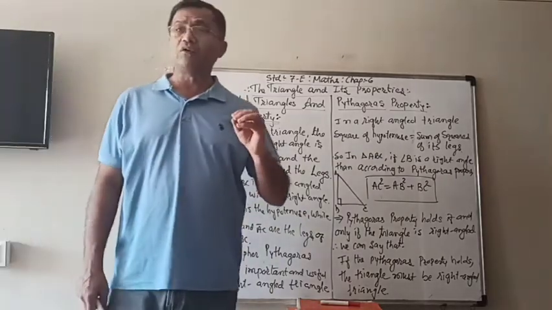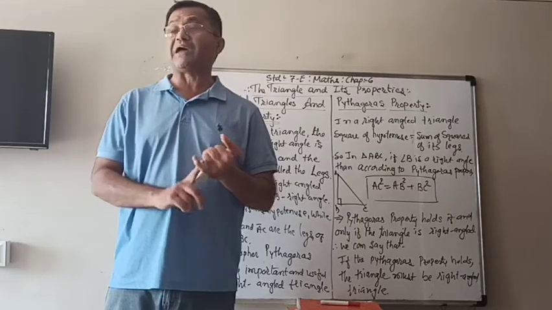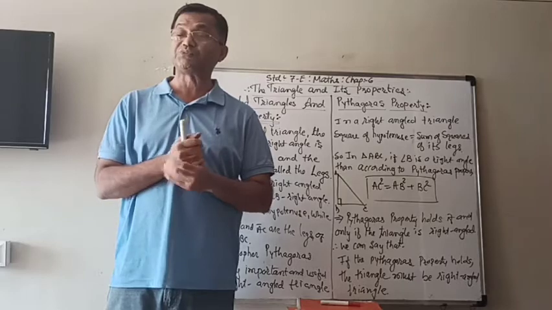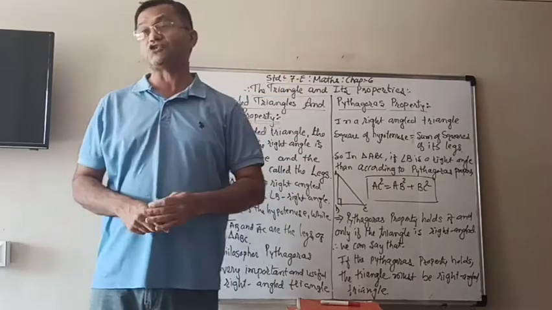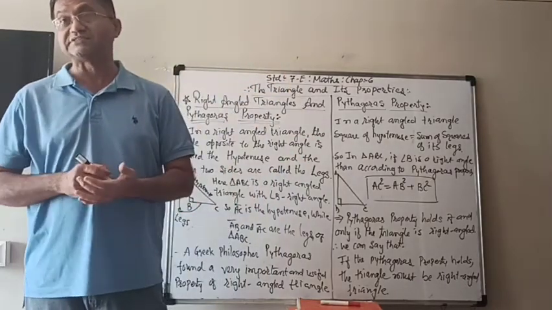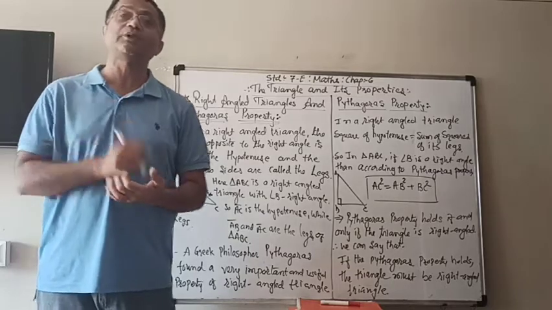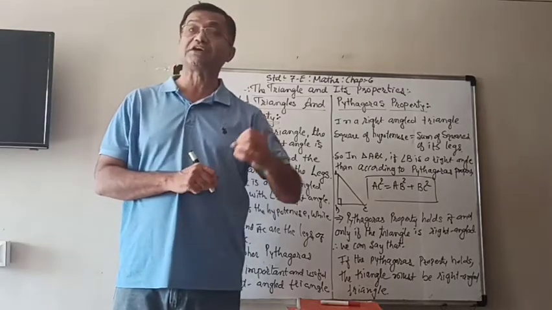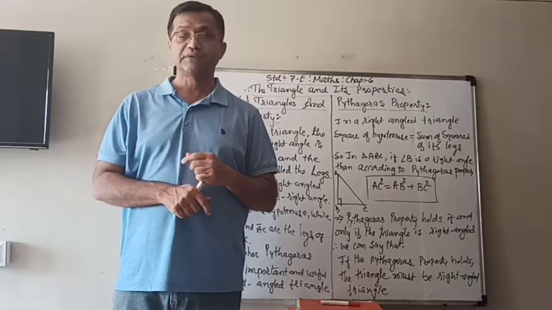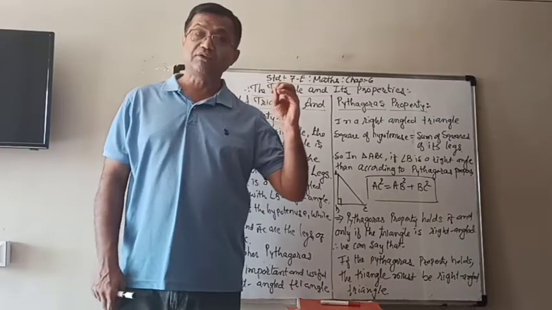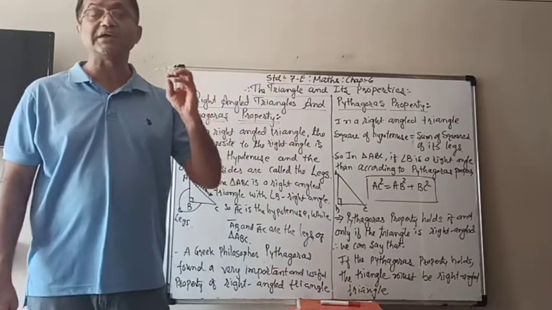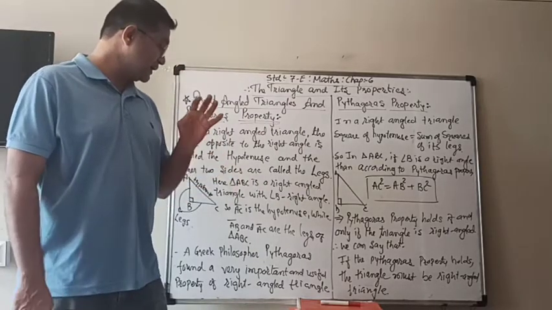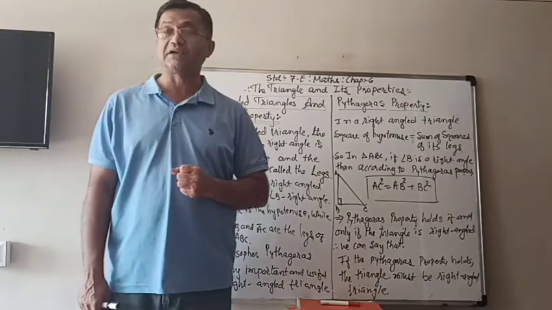So now we are going to learn about a very important property that will be useful in the higher standards also, and that is Pythagoras property. Pythagoras was a Greek philosopher, and he found a very important property about the right angled triangle.